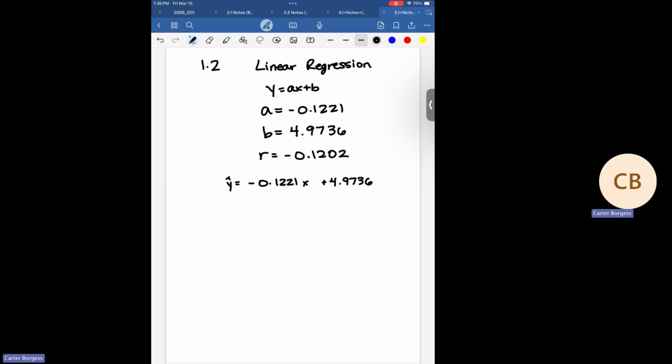A couple of things to note here. First and foremost, this is the best possible R value, the strongest possible R value that we can get from a line. So this equation here is the line that corresponds to the strongest R value.